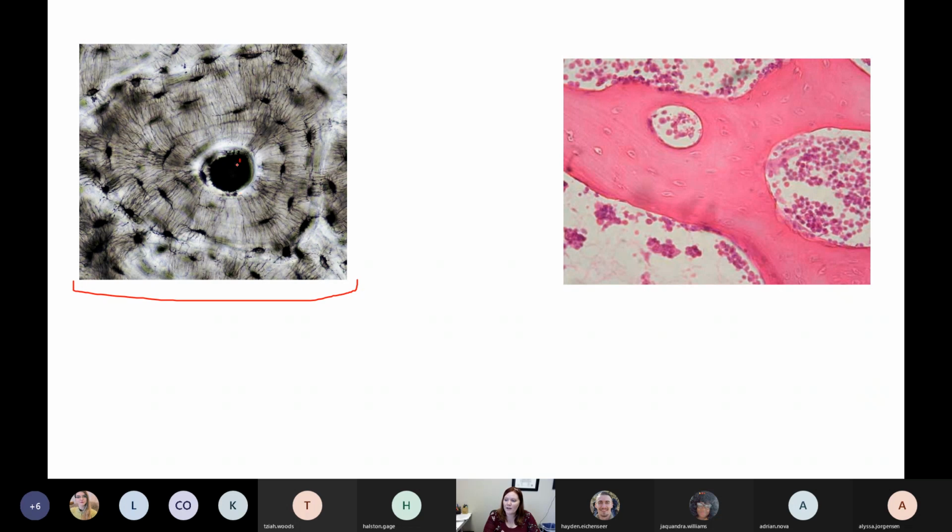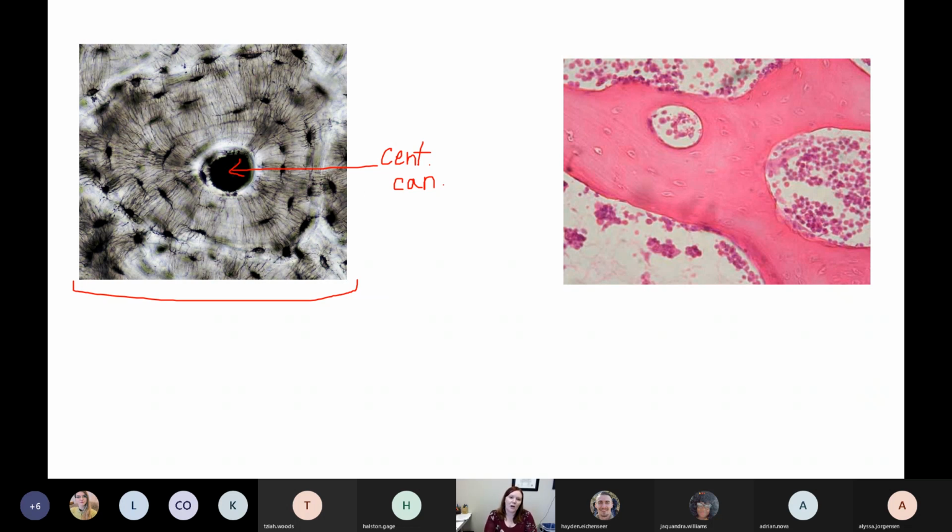The first thing we always notice with compact bone tissue are these big dark spots. So these big dark spots are things called central canals. I'm abbreviating, but I'll type here in the chat its full name.